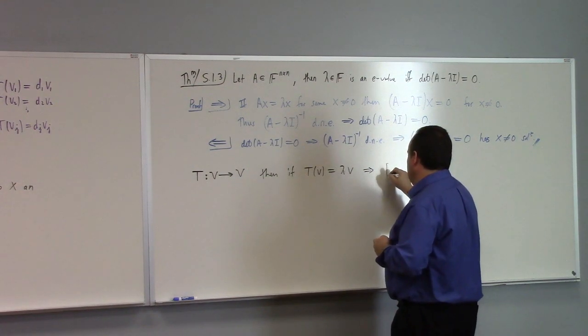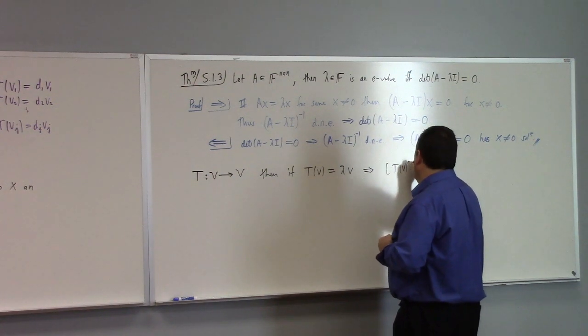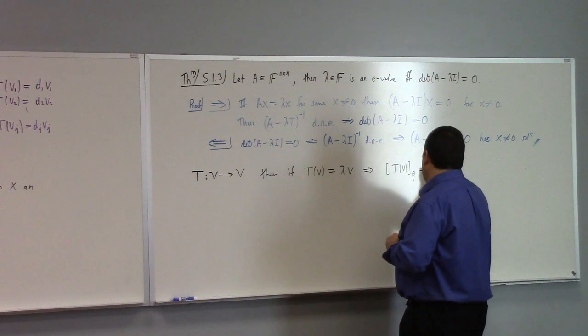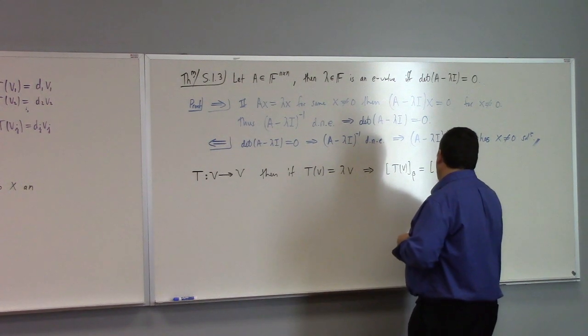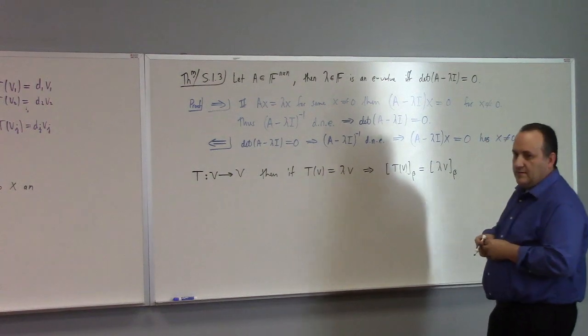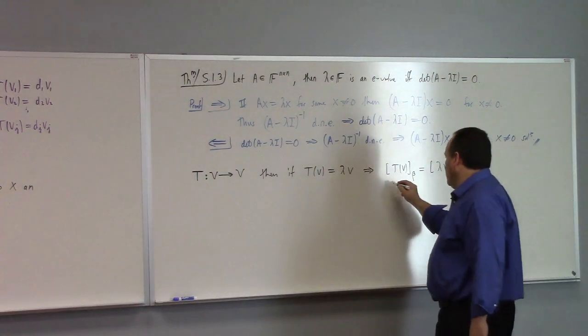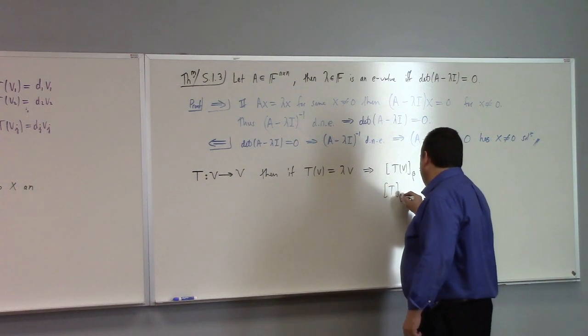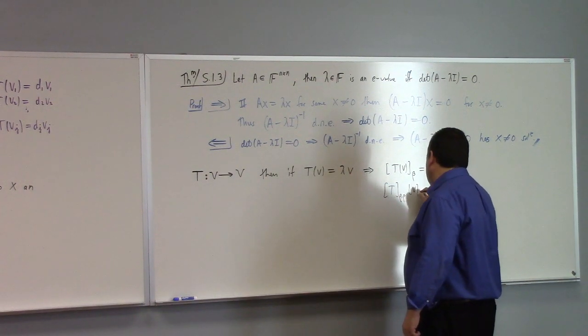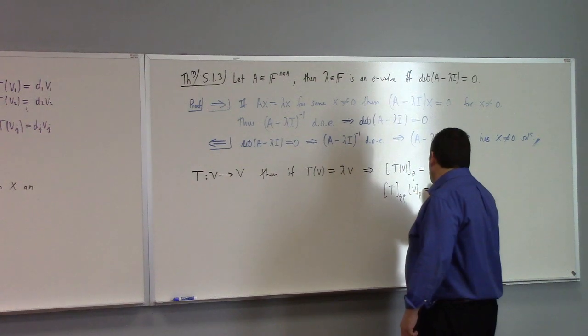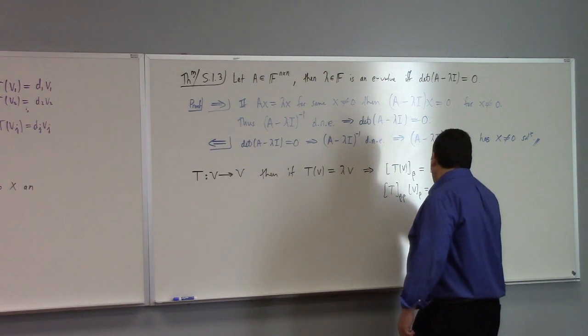That the coordinate of T of V with respect to the beta basis is equal to the coordinate of lambda V with respect to the beta basis, right? But this means that T beta beta times the coordinate vector of V with respect to beta is equal to lambda times the coordinate vector of V with respect to beta.